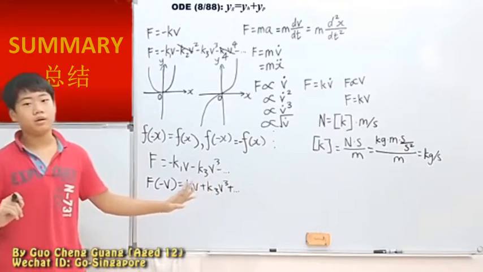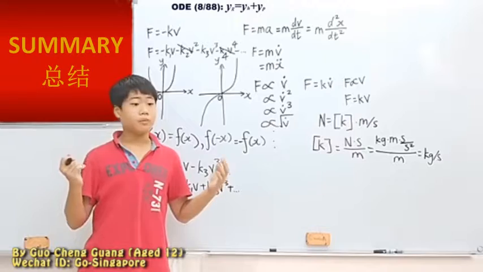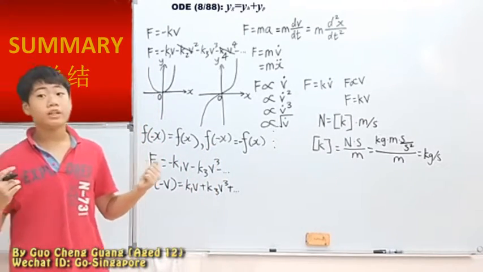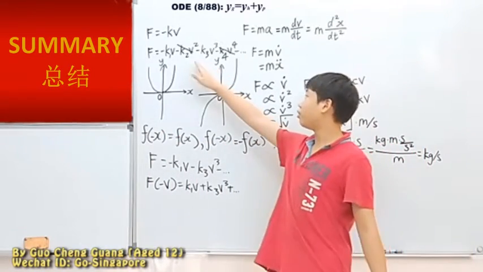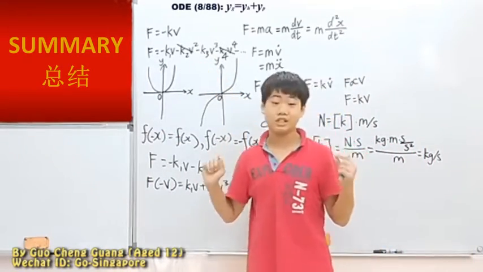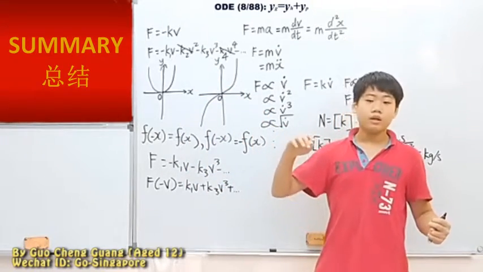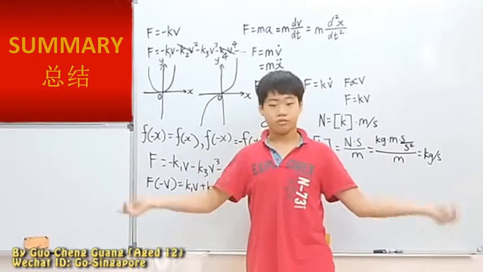By this part you might think, wait, how about those squares, power 4s? In the Bernoulli equation, didn't we have those? Well, actually we can have them, but right now we're only considering resistance. Those with square and power 4 have external forces, and we'll discuss that in future lessons.